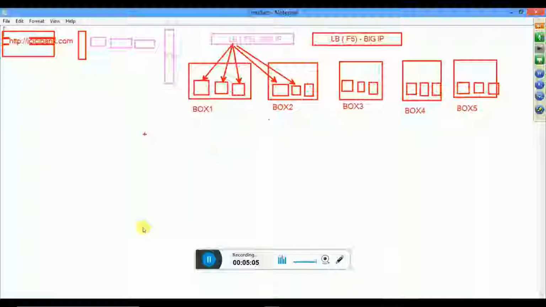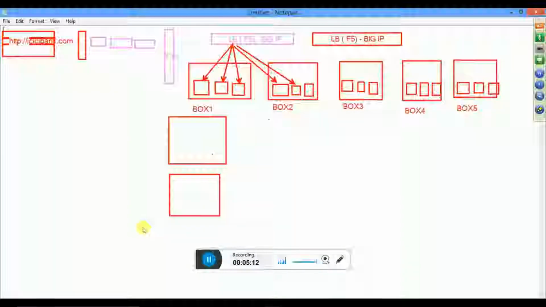When you have 100 JVMs, obviously you're going to require a lot of boxes. Let's say this is one box, this is second box. Now in such a box, you have one admin server in the first box, and 3 managed servers per box.